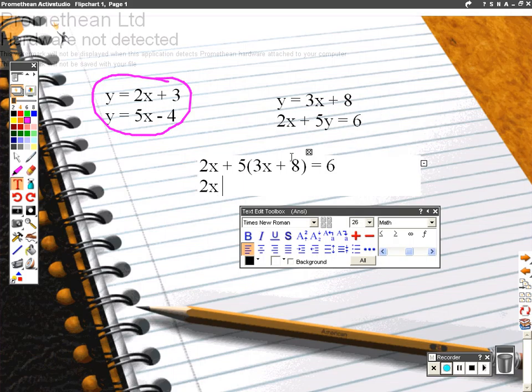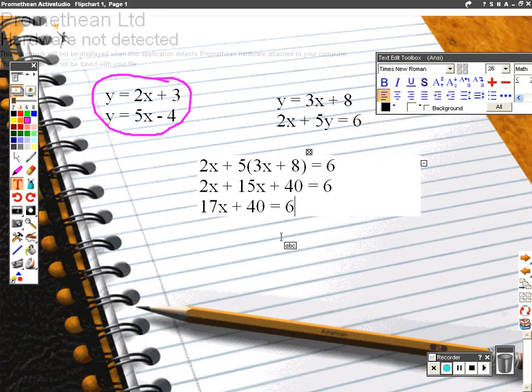use the distributive property. So 5 times 3x is 15x, and 5 times 8 is 40, and that all equals 6. Then I'm going to combine like terms. So 2x plus 15x is 17x, plus 40 equals 6.